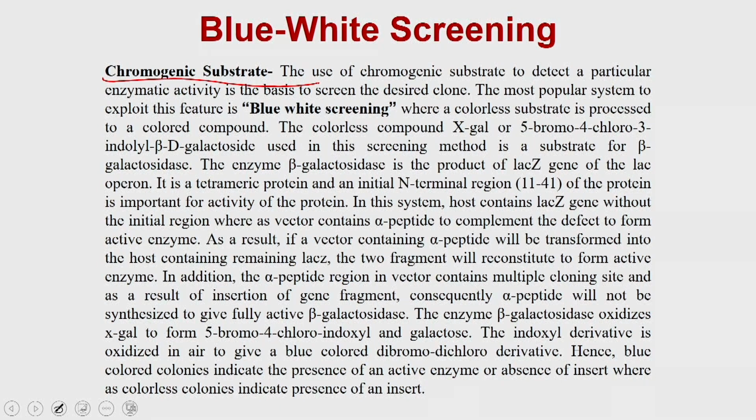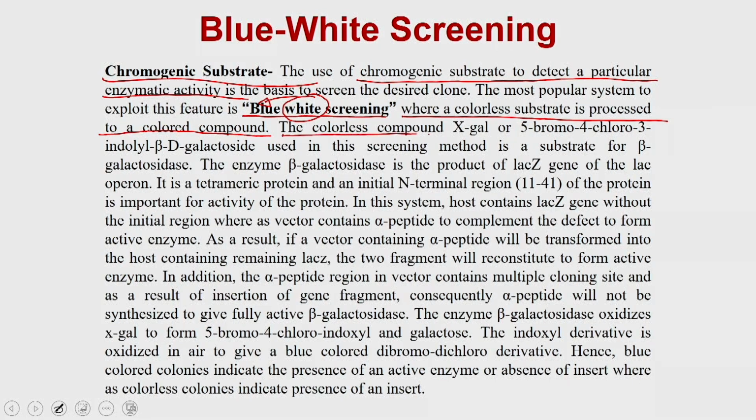One of the classical screening methods which we have discussed in the past also is called blue white screening, where a chromogenic substrate is used to detect a particular enzyme activity, where a colorless substrate is processed into a colored compound, which means a white compound is getting converted into a blue compound.